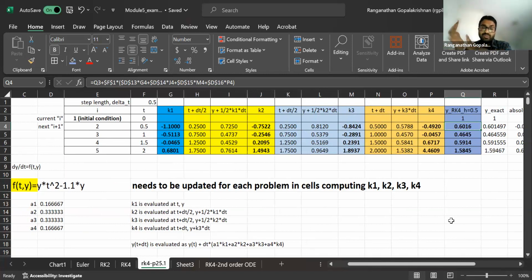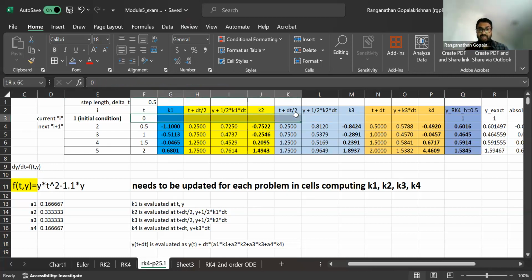Which are the ones which will change? Wouldn't you have to change your K1 and K2 constant, those equations for your Ks? That is, you have to change the way you evaluate K1, K2, K3, K4, or in other words, you have to punch in the appropriate function which appears here. Whatever is in cell C11 here, that is the one that is going to change from problem to problem.